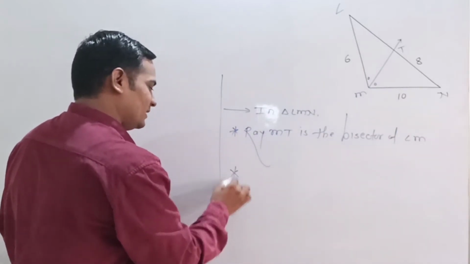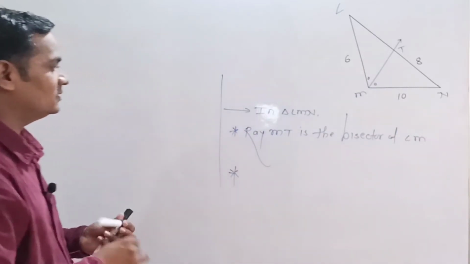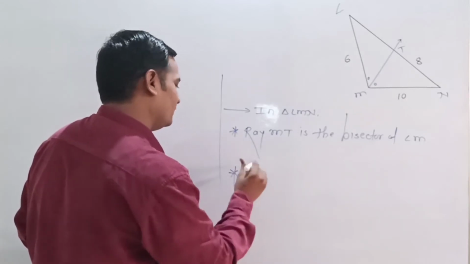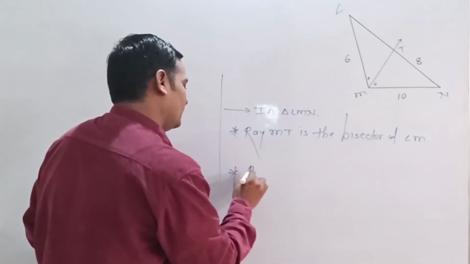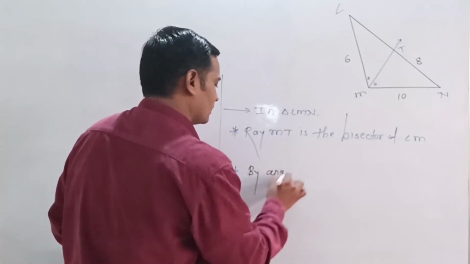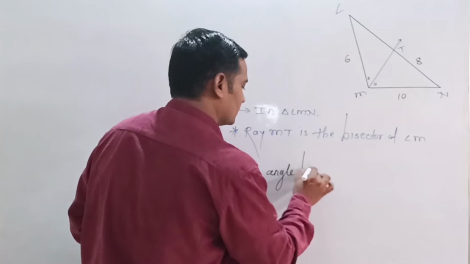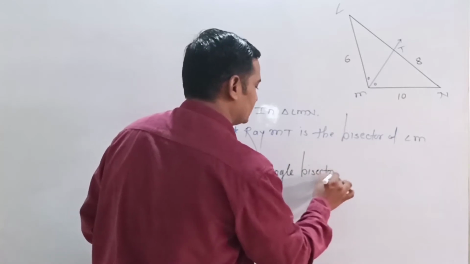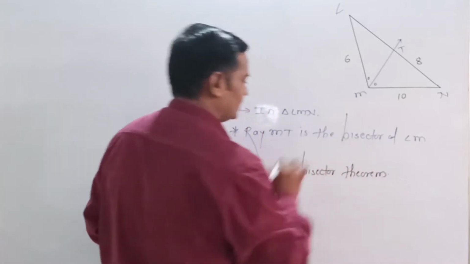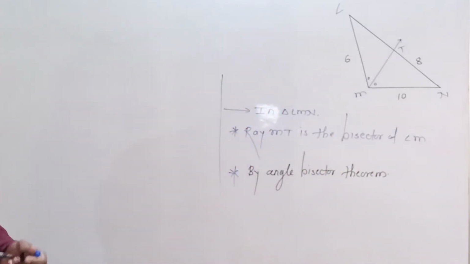So if it is a bisector, then we can use the angle bisector property. Therefore, by angle bisector theorem or property.